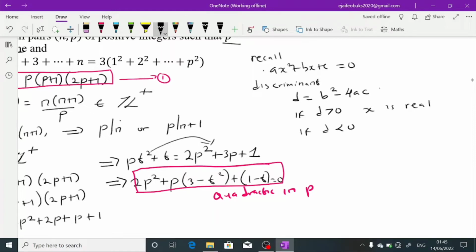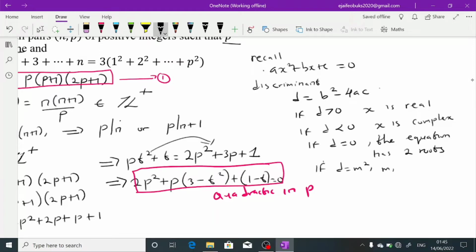If D is less than 0, x is complex. If D is equal to 0, the equation has two equal roots. I'm just giving out some revision here so you can follow if you haven't heard of this before. And if D equals m squared, a perfect square, then x is rational. This is what this means.